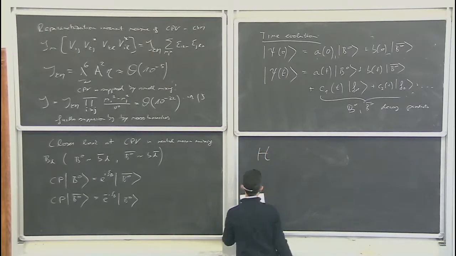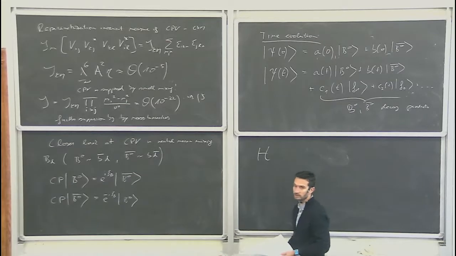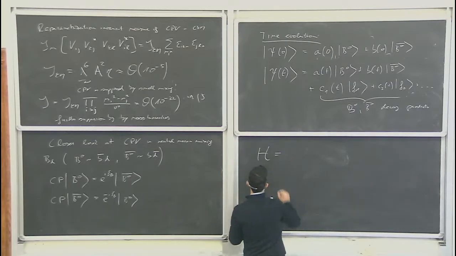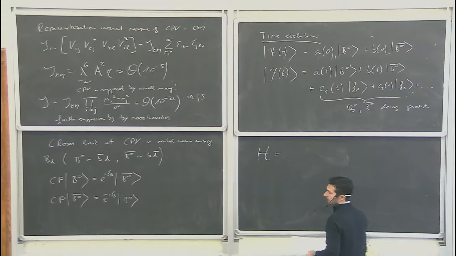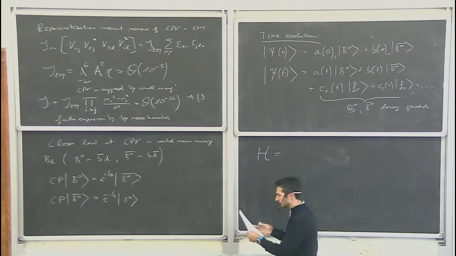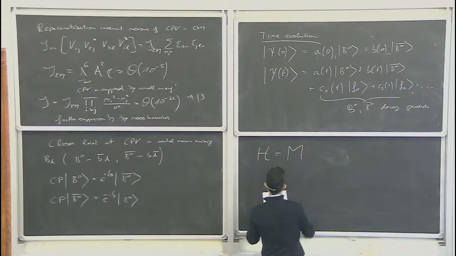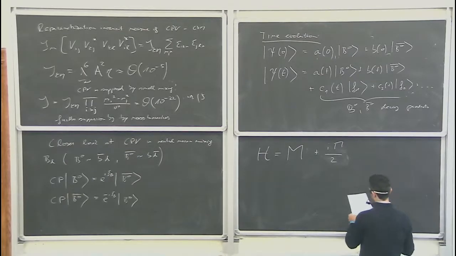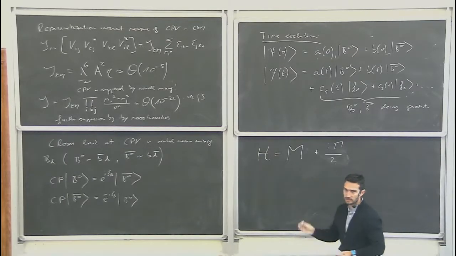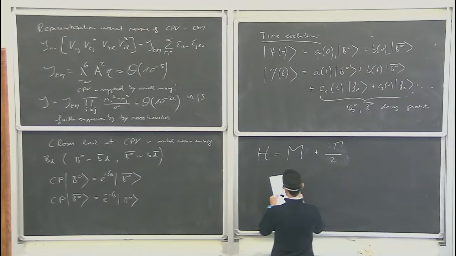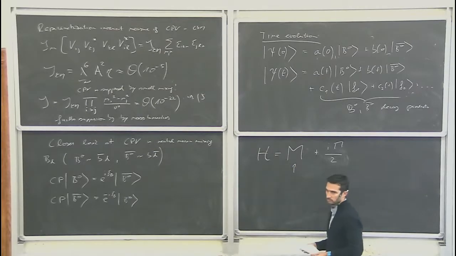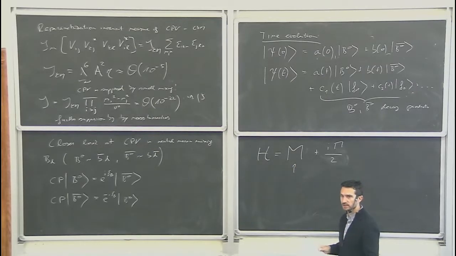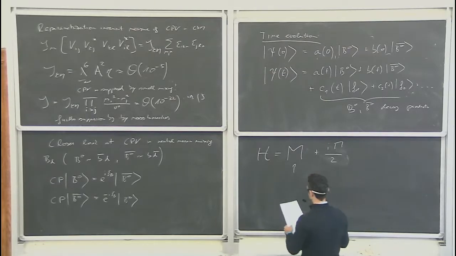And I can parameterize the time evolution with a non-unitary, non-Hermitian Hamiltonian, which I can split into its Hermitian and anti-Hermitian parts, which I will denote with M and gamma. It's conventionally parameterized in this way, where M and gamma are time-independent Hermitian 2x2 matrices. And M will, in practice, parameterize dispersive contributions to the time evolution.